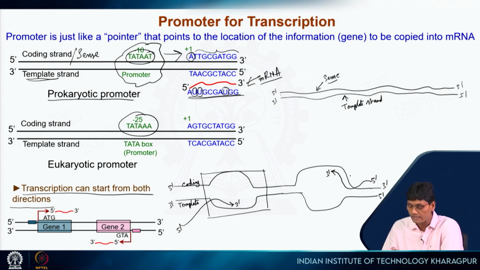Whatever sequence is present here, like A, T, G, C, in the template strand of DNA it should be T, A, C, G, and in this RNA it will be U, A, C, G. So now this RNA sequence is completely similar to this, the only difference being U and T. So this is the coding strand.